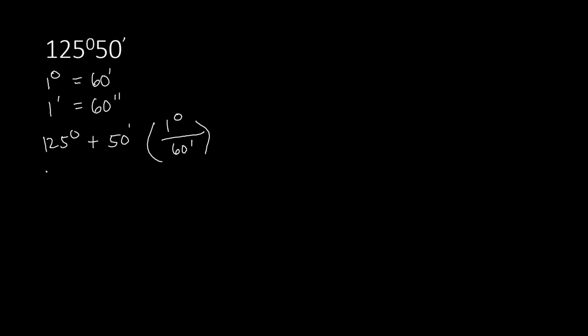So we have 125 degrees plus 50 minutes divided by 60 minutes is equivalent to 0.8333. Rounding this off to the nearest hundredths, we have 0.83 with a unit which is degree. Adding that one, we have now 125.83 degrees as the equivalent degree measure.